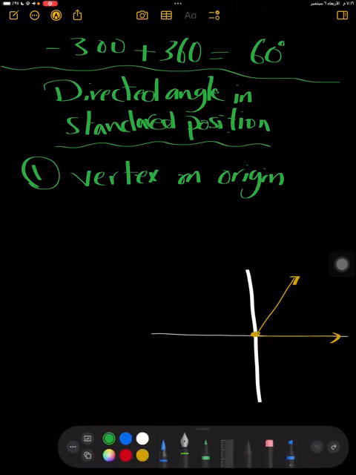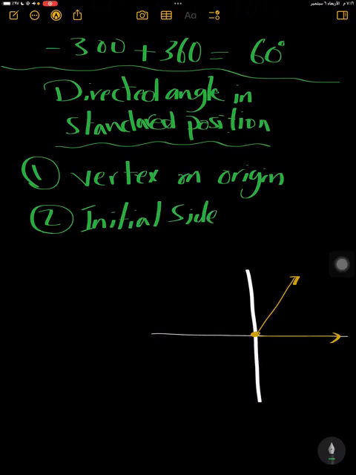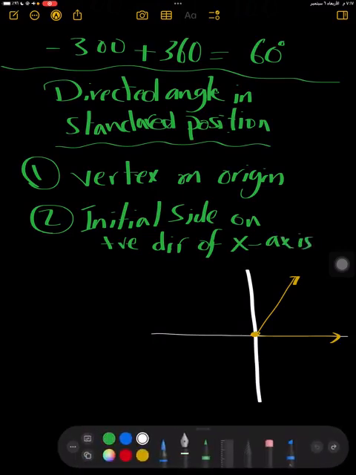Okay, what about the second condition? The second condition is that the initial side of the directed angle must be on the positive direction of the x-axis. Look at the screen.